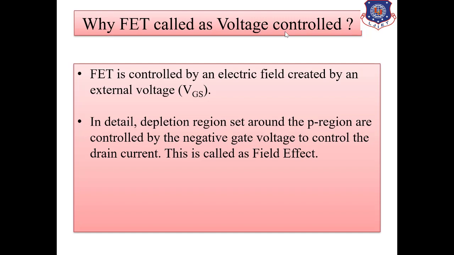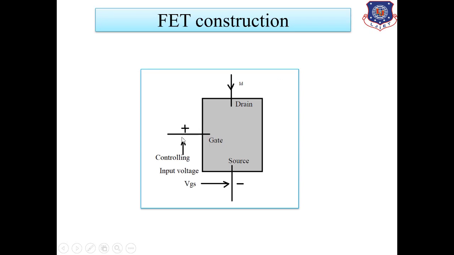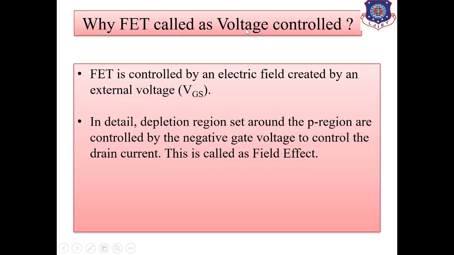So BJT is named as current control device, but FET is named as voltage control device. Why? External controlling input voltage between this plus and minus is applied here, and using this controlling input voltage ID is controlled. That's why FET is known as voltage control device.